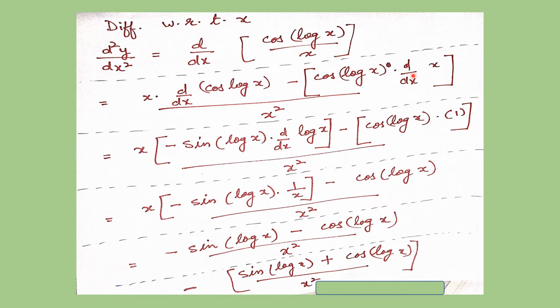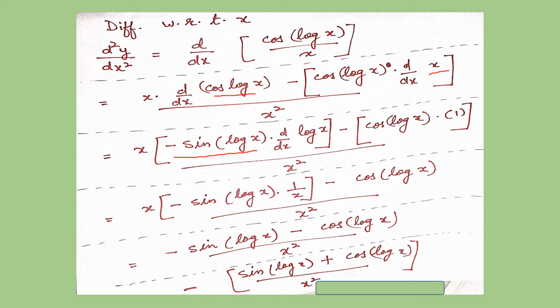Right. Now what you will do is x as it is. What is the derivative of cos of log of x? Derivative of cos of log of x will give you minus sine log of x multiplied by the derivative of log of x, because you have to calculate the derivative of log of x separately. Minus, bracket starts, cos log of x as it is. The derivative of x is considered to be 1.